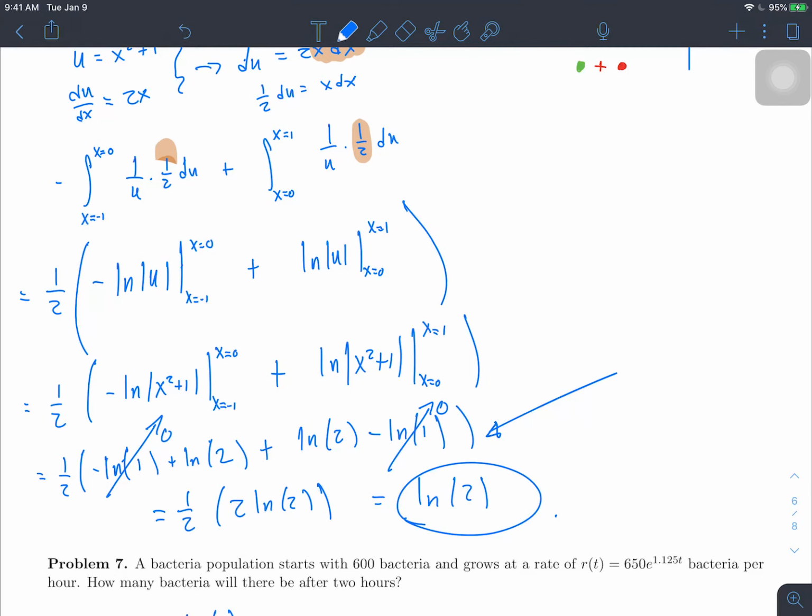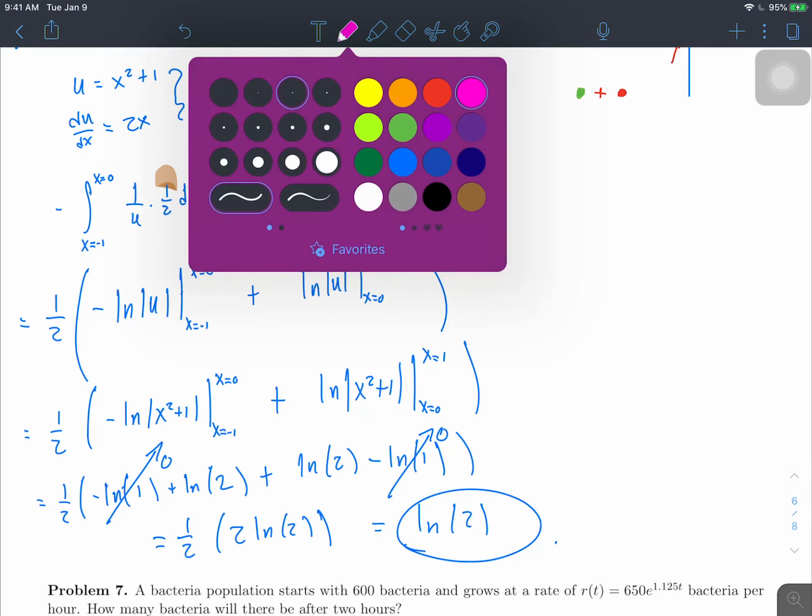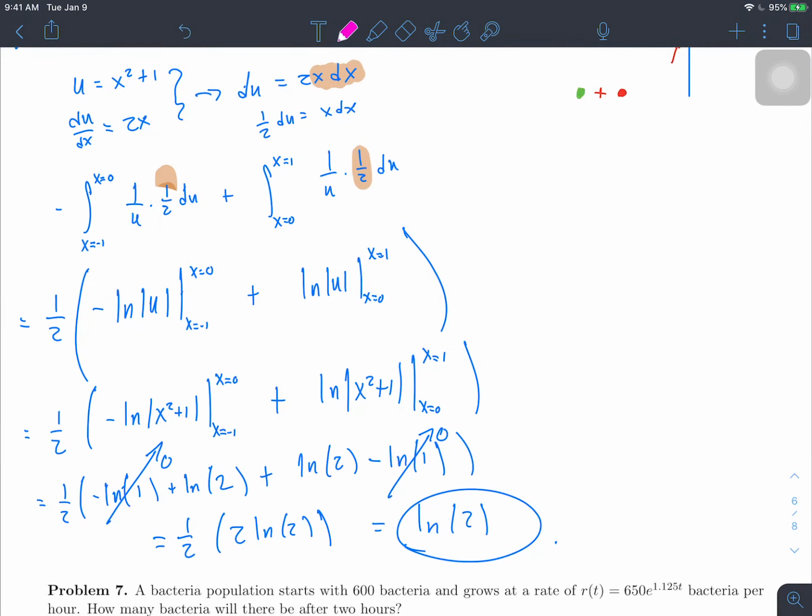So that came from the fundamental theorem of calculus. Let me trace my steps, and I'll show you in pink. I had a negative sign here and then an integral. So I kept that negative sign, and then I did the integral. I took the antiderivative.